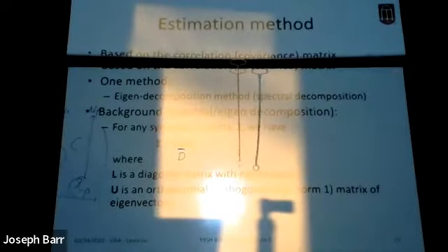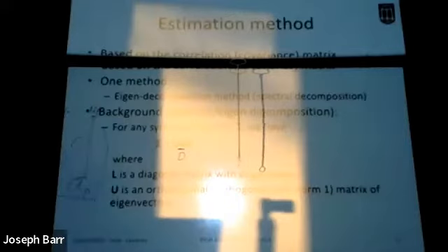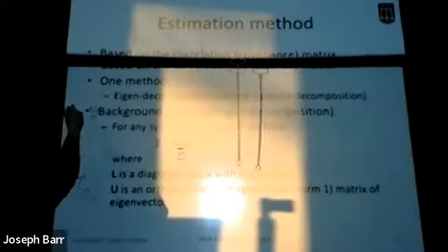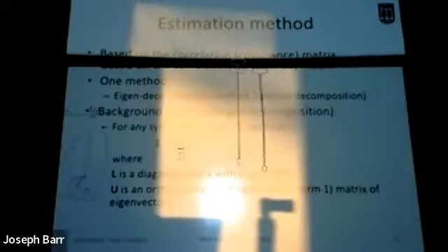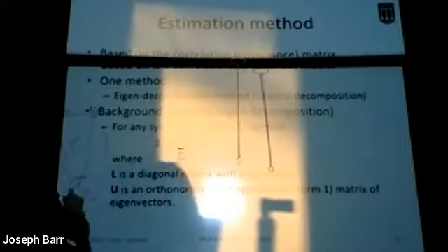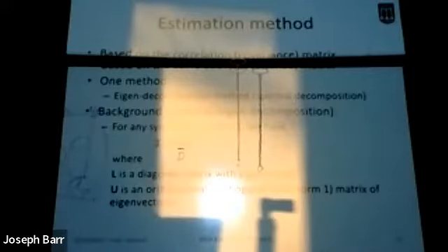Of course, there are many possible eigenvectors, but if we make them unit length, we have one solution. By combining all of these together, we have the U matrix. This is the L matrix, and in the U matrix all the columns are eigenvectors U1, U2, U3.